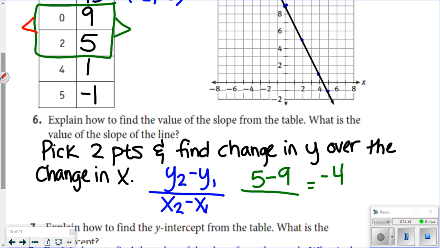The second x, the bottom one, minus the first one. So 2 minus 0. Find the difference between those. What are we changing by from 0 to 2? We get 2. But I know that I need to reduce this. -4 divided by 2 simplifies or reduces to -2. That's my final slope in simplest form.